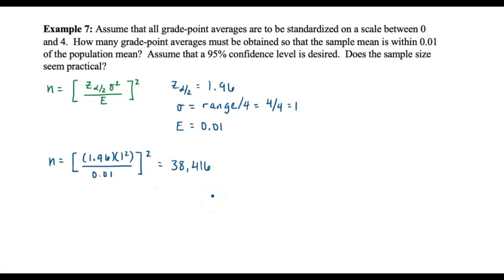However, if we're using a different sampling method, like in-person surveying, maybe this would be a lot less reasonable. And so in general, we can say no, this sample size doesn't really seem practical, but the long answer is it depends on how you're getting this sample. But for our purposes, no. This is a very large sample size.